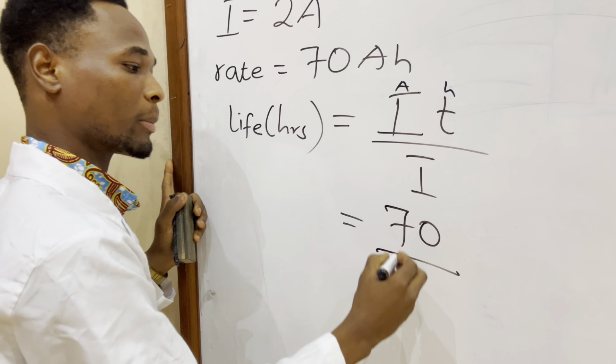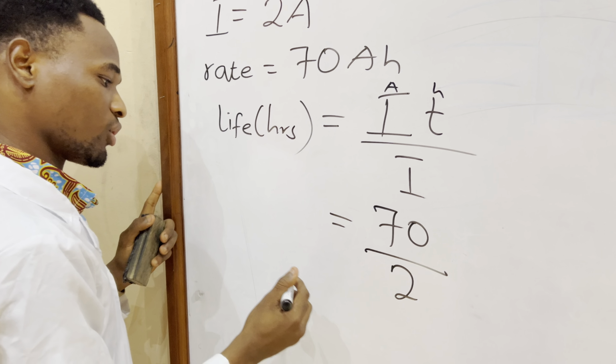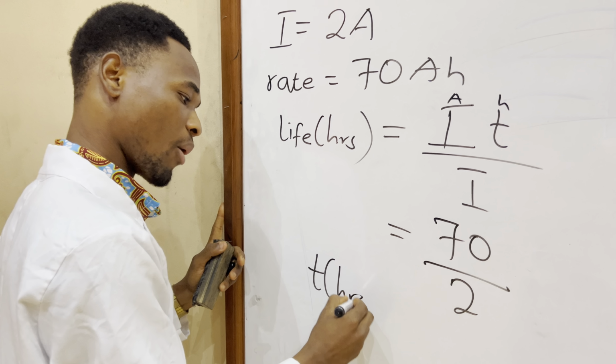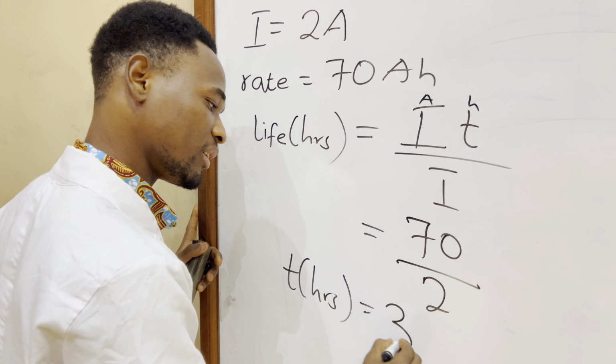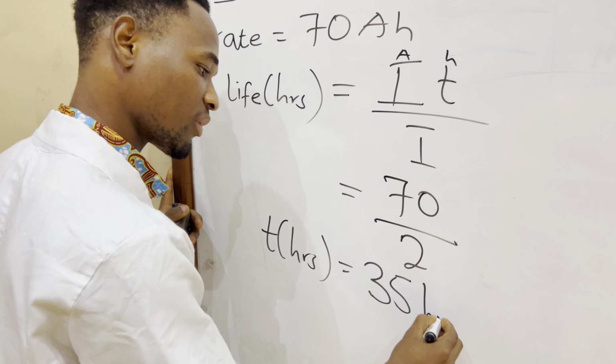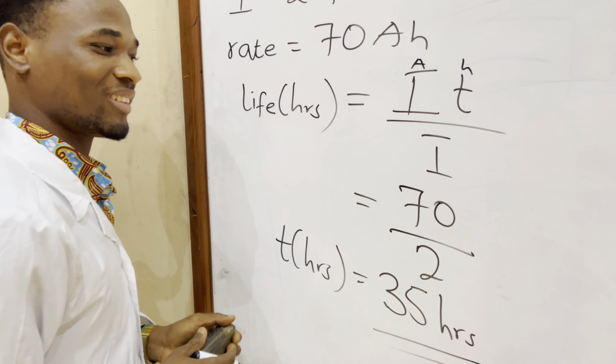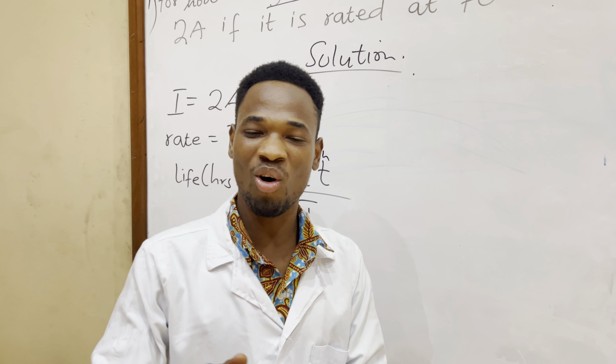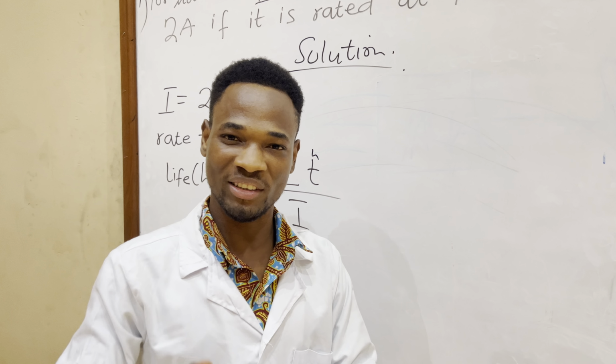The current is my 2 amps. By the help of the calculator, the time measured in hours gives 35 hours. Viewers, have you seen how simple it is? It's all about applying the concept.